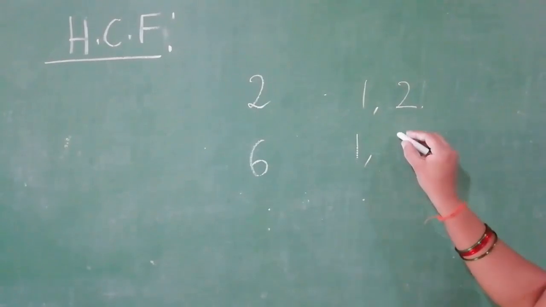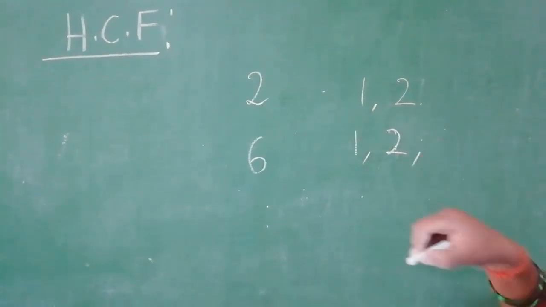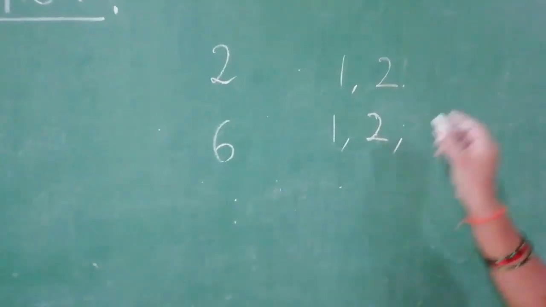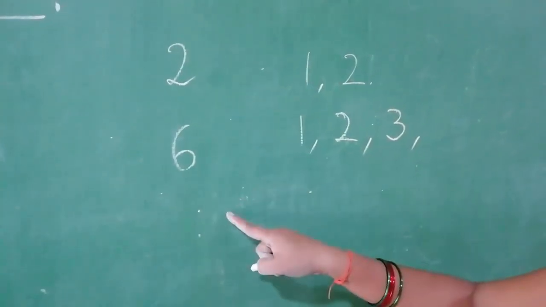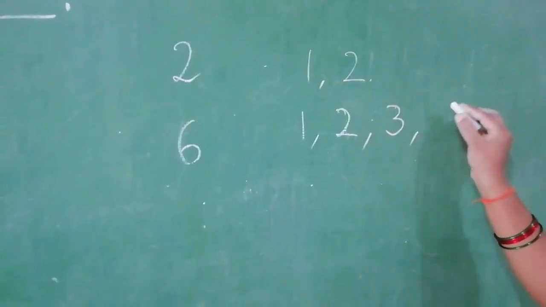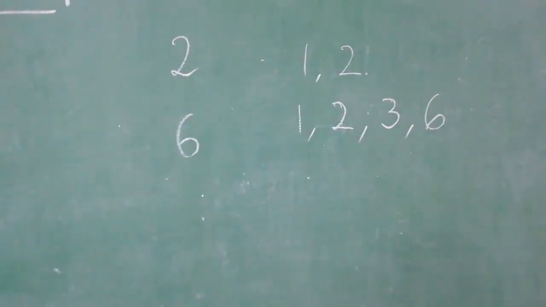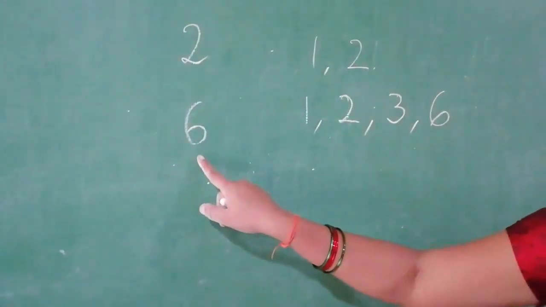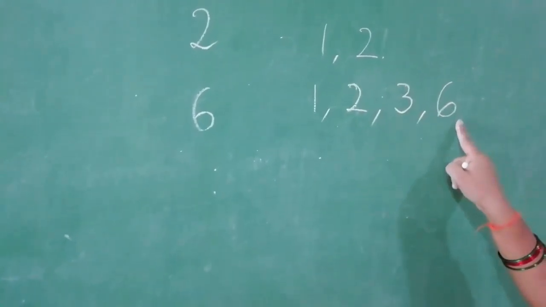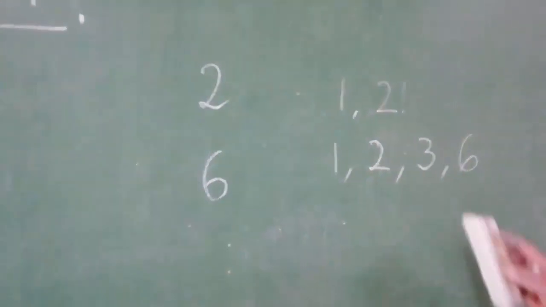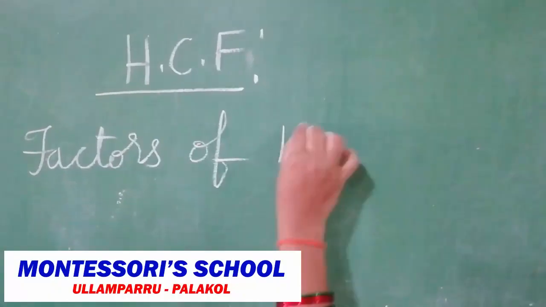Yes, 2 3s are 6. Next 3 table is there? Yes, 3 2s are 6. Next 4 table is there? No. 5 table is there? No. Next the number itself, 6. The number 6, how many factors are there? 1, 2, 3, 4. This is the way to find the factors.